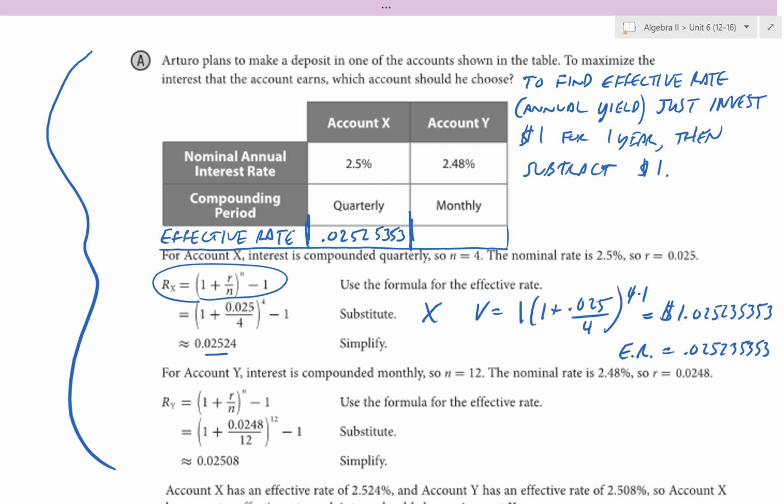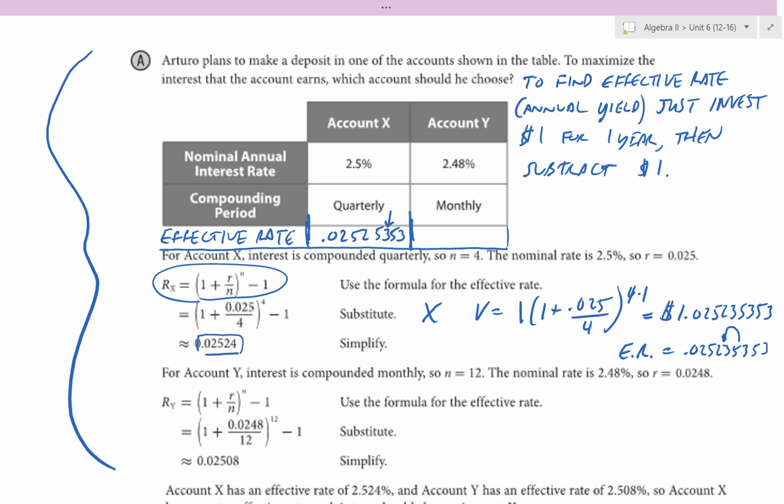Compare that to what they got. That's the same, isn't it? They just rounded to this decimal place right here. Actually, they got 0.025235353.